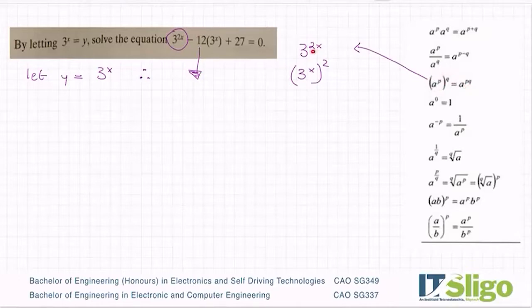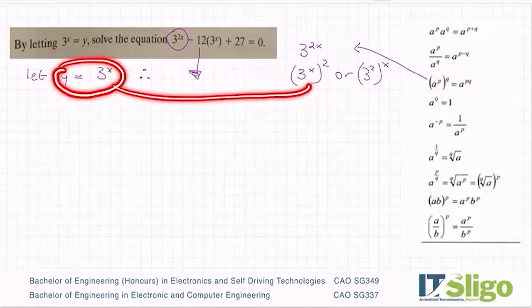So a power raised to another power means I multiply the powers together. When I have 3 to the power of 2x, I could write it like this, or of course I could write it as 3 squared to the power of x. That is equally correct. The reason I chose this way is because y is 3 to the power of x, so I have my little y in there.